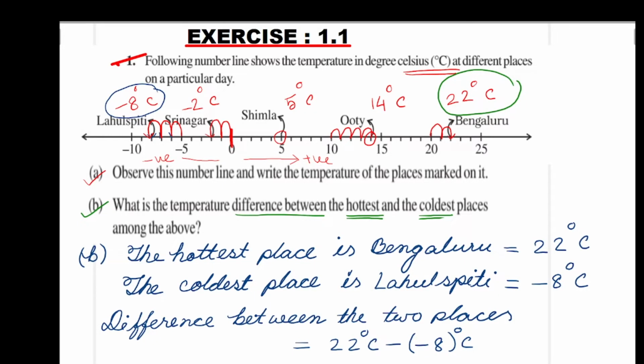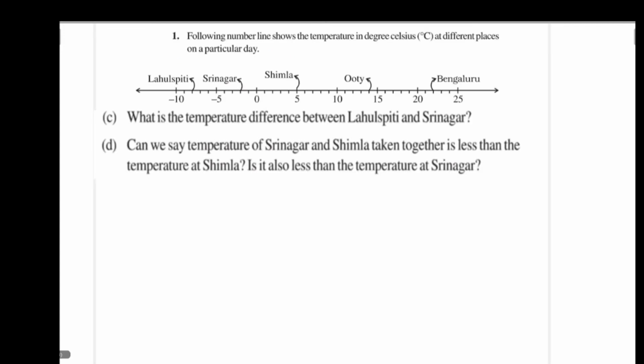Now see, here this minus is multiplied with minus 8. So minus into minus is plus: 22 degrees Celsius plus 8 degrees Celsius. So what answer will you get? You will get 30 degrees Celsius. This is the answer. Then come to the next.